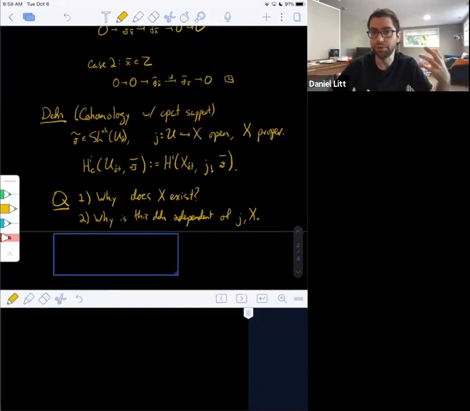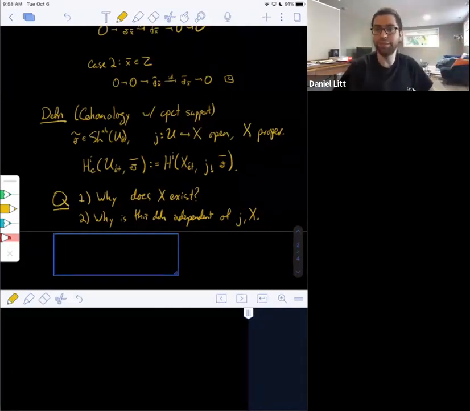Those are things that locally look like f times dx_i wedge dx_j wedge and so on, where f is a smooth function. And moreover, you ask that these be compactly supported, meaning that there is a compact subset of the manifold so that where they're non-zero is contained in that compact subset.